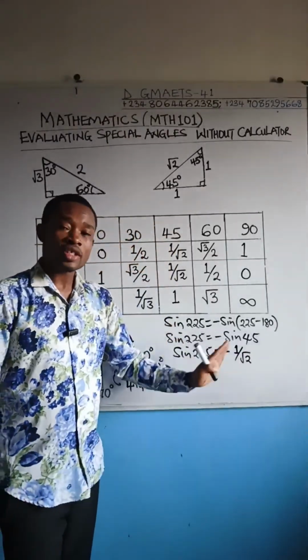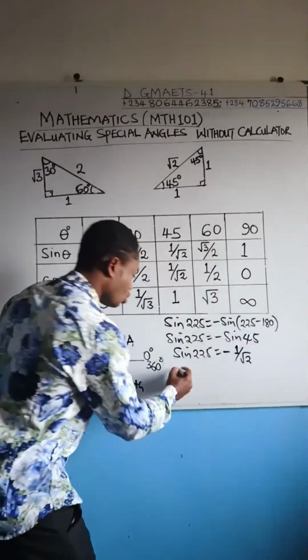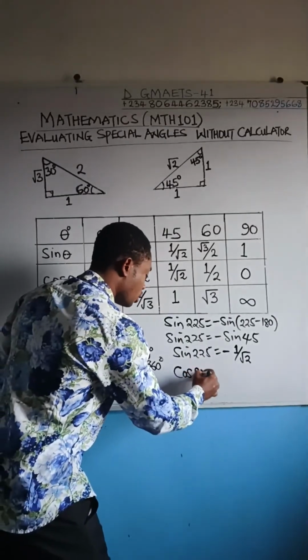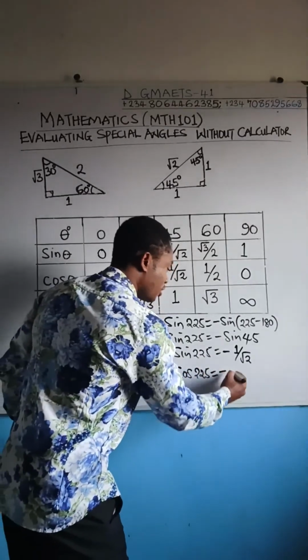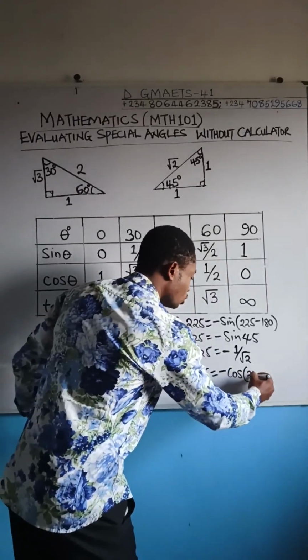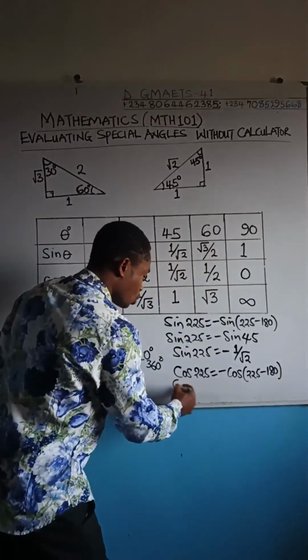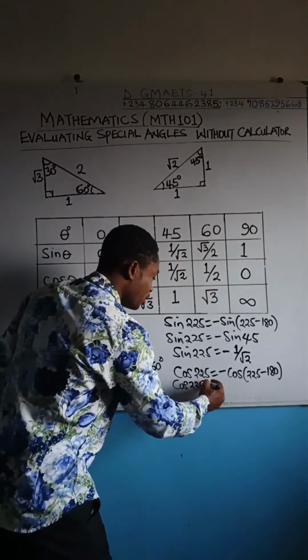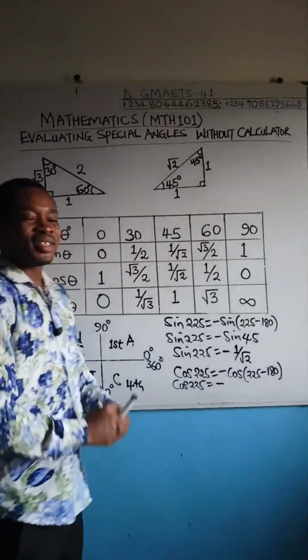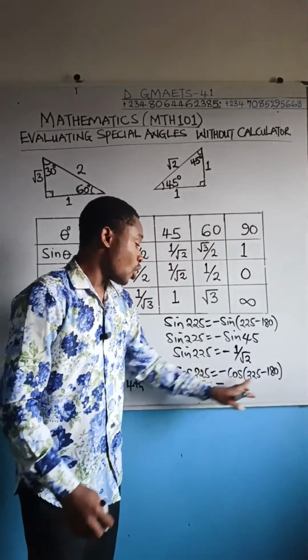We can evaluate cos 225. Similarly, cos 225 will be equal to minus cos of 225 minus 180, which gives us minus cos 45.